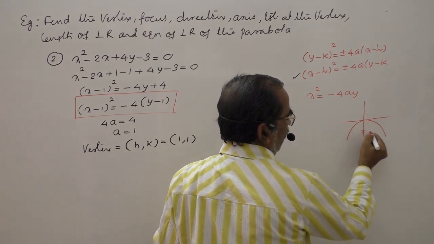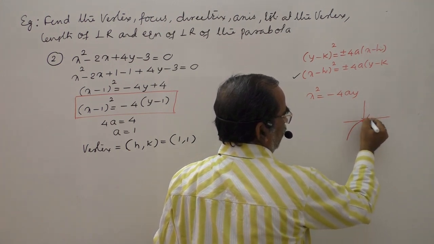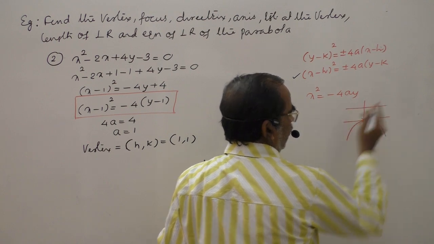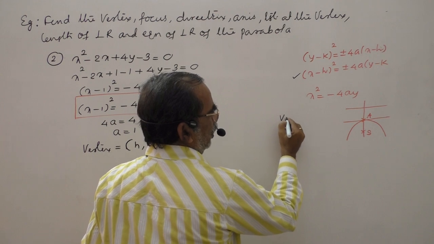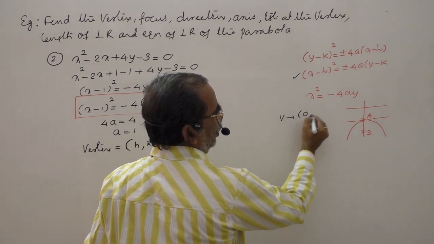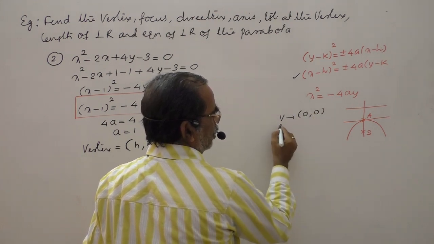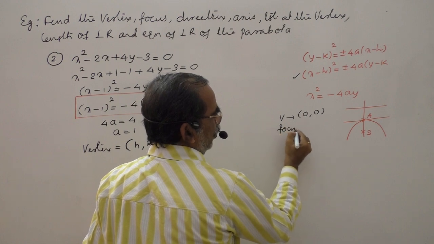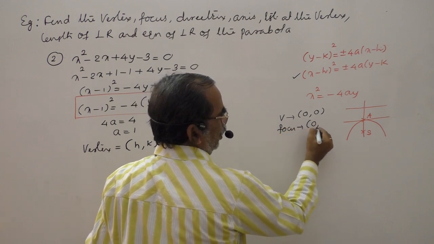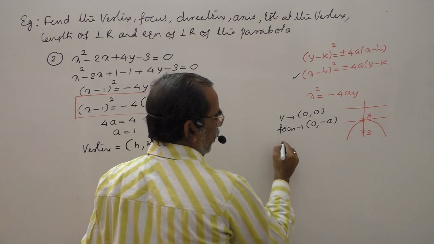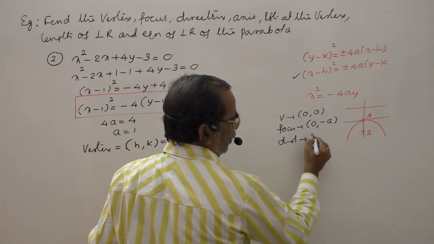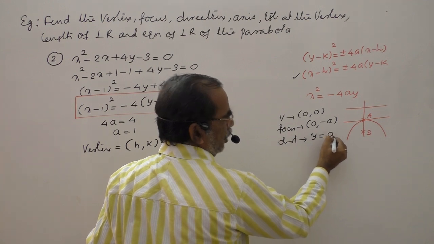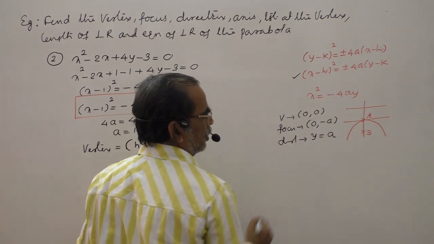Its figure will be like this. This is focus. This is vertex, directrix, etc. For this parabola, what is vertex? Vertex is 0, 0. What is focus? Its focus is 0 comma minus a. And its directrix is y is equal to a above the x-axis.